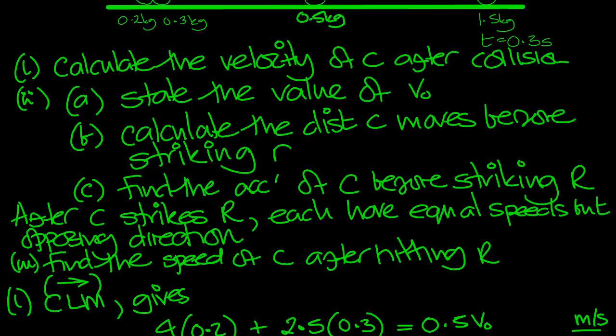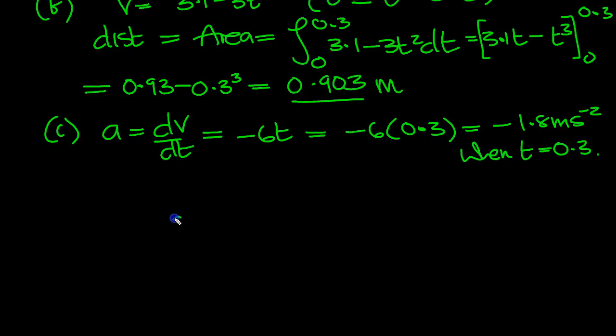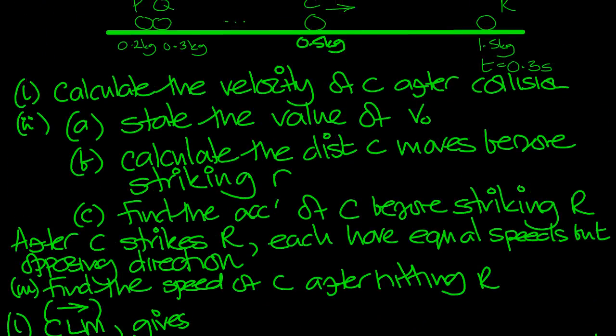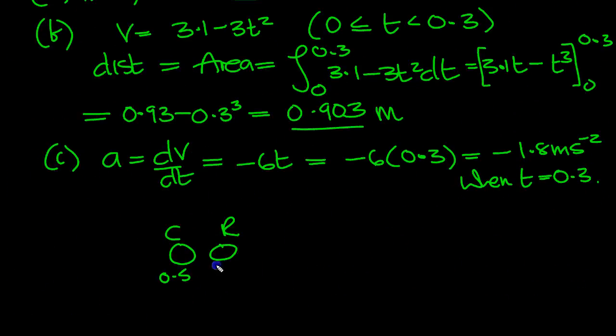So let's draw that picture in now. Here we've got just before: this is C, this is R. C is 0.5 kilograms, R is 1.5 kilograms and stationary. C is moving with a velocity v. Here v is equal to 3.1 minus 3 times 0.3 squared.